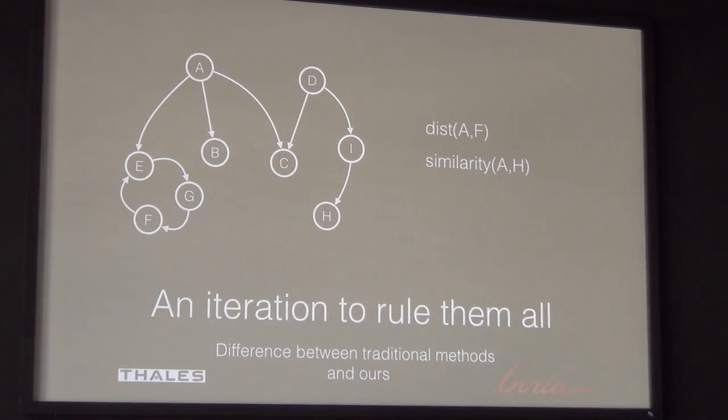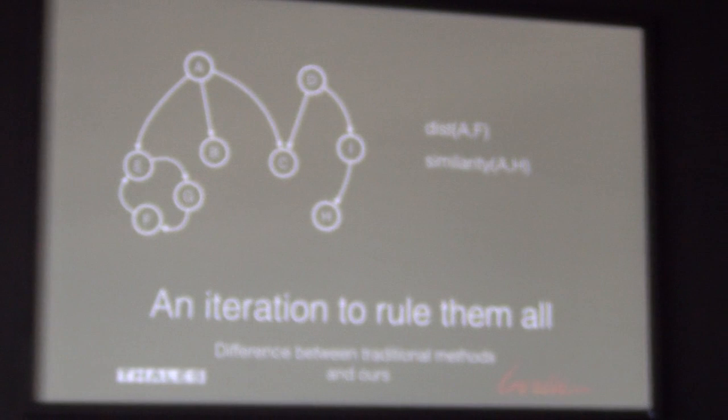Here we don't use distance or similarity, we just try to use what the engineers are doing, because when an engineer is doing reverse engineering of software, they are not trying to compute a kind of distance in their brain. They don't have any formula for distance or similarity. They are using something else, like, for example, just going through the dependencies between the nodes. That was only a generic iteration.